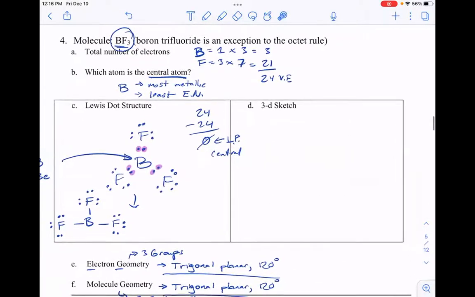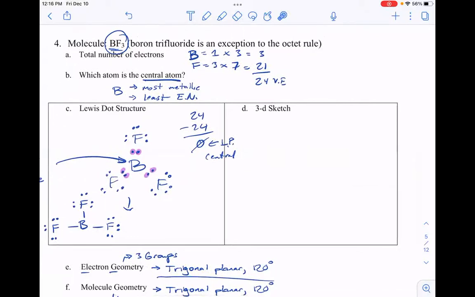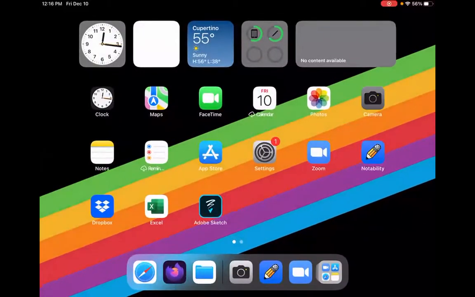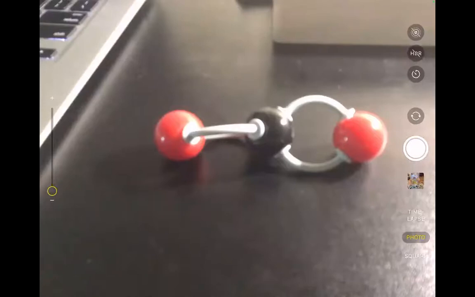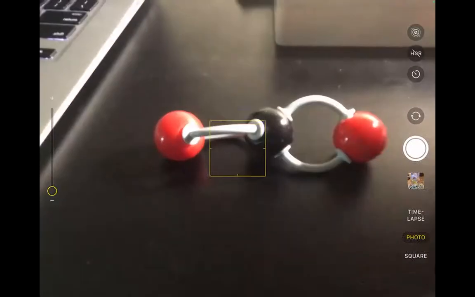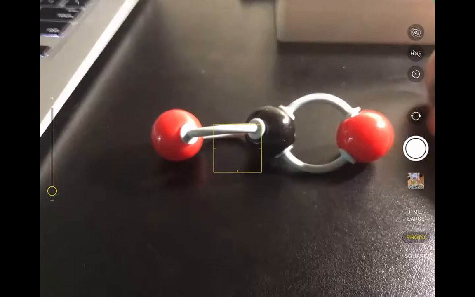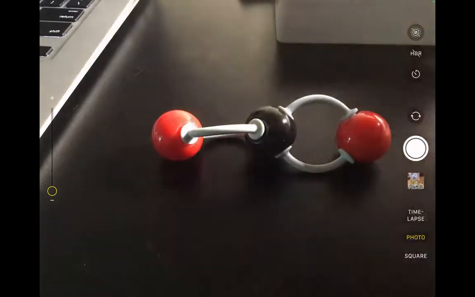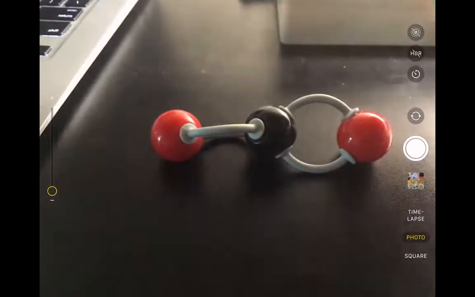All right, so BF3, boron. Do I have a gray? I think I have a gray. So for boron, okay.